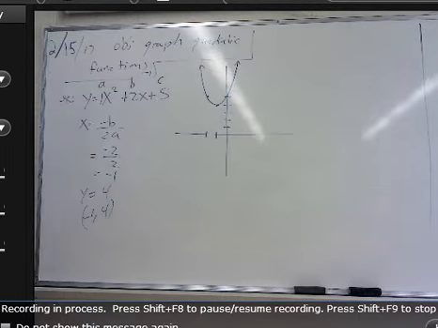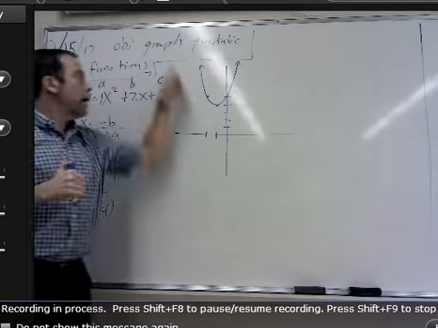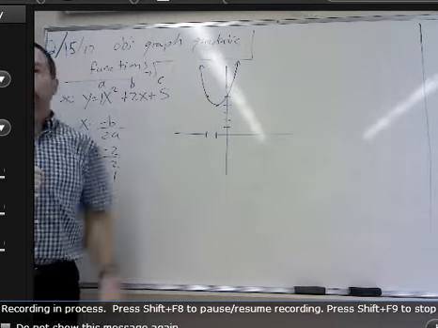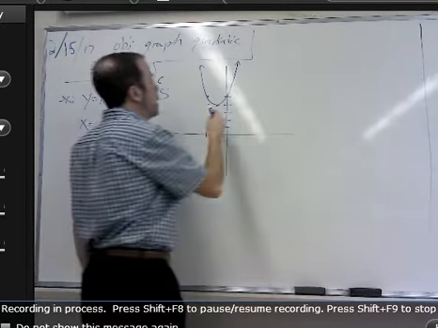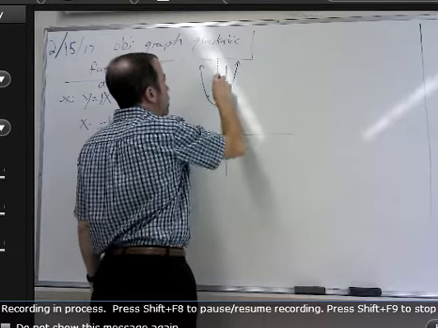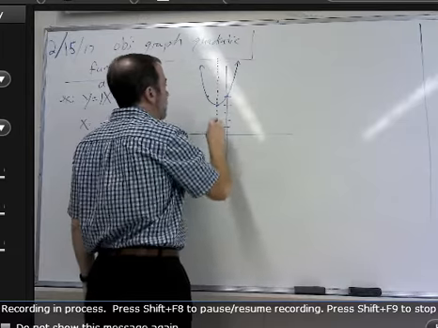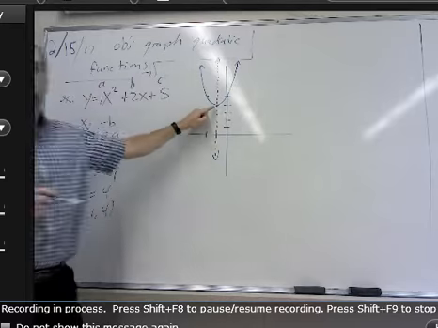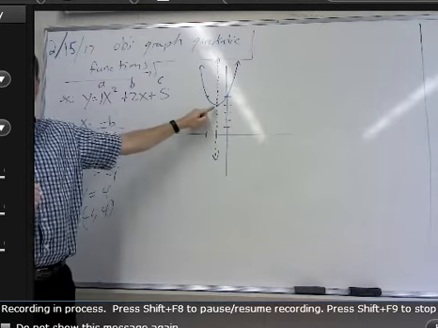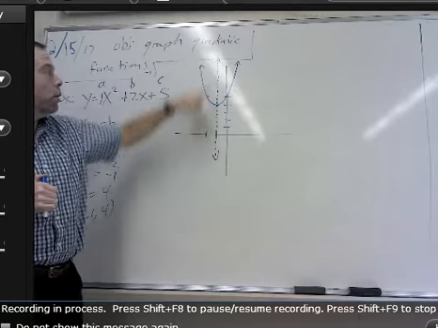Are we good so far? Great. So we know that parabolas are symmetric. In other words, they're the same on both sides. And so there's a line that we can draw right down the middle, and that line goes right through the vertex. What is the equation for this line?